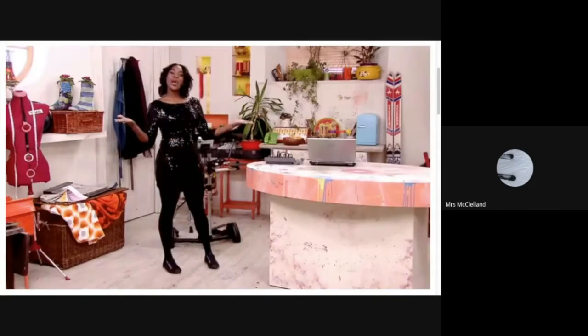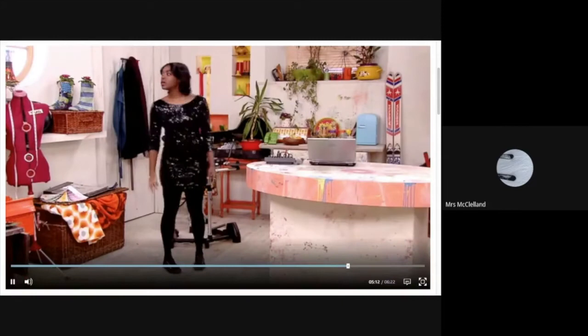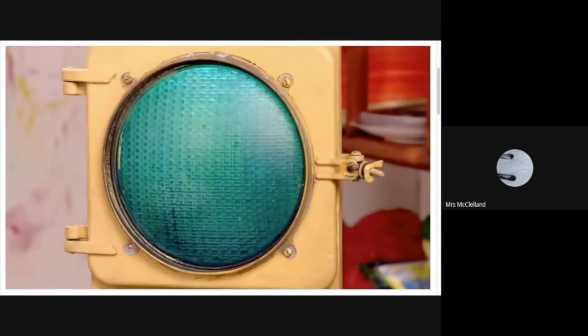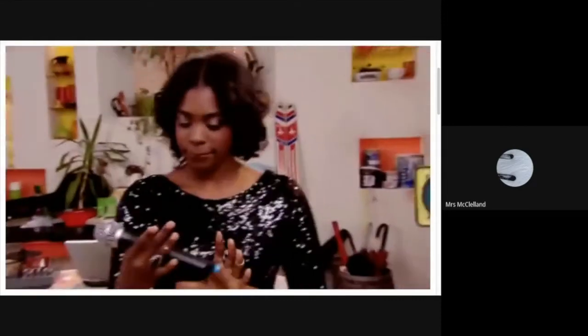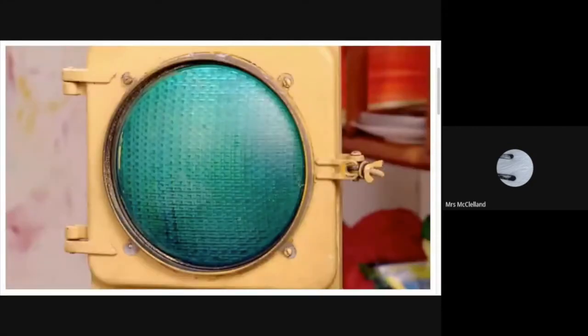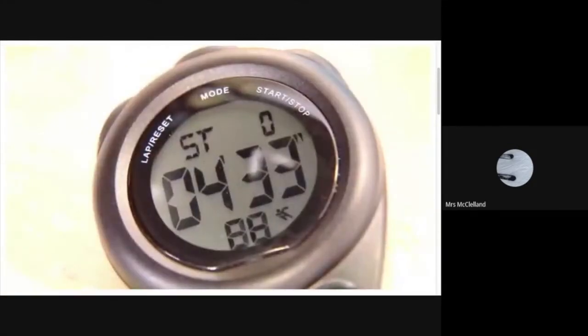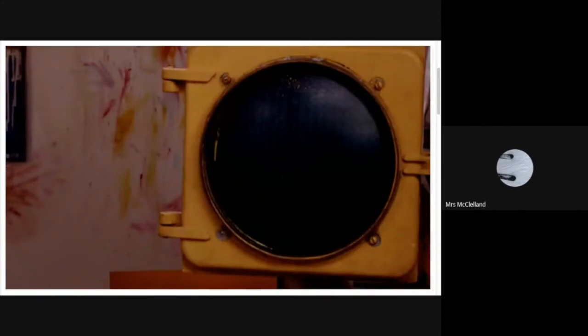Ta-da! My pop star costume. Oh, it's almost 5 past. No way he's going to be ready. Oh, Tempo! I better get into position. Let's do this.